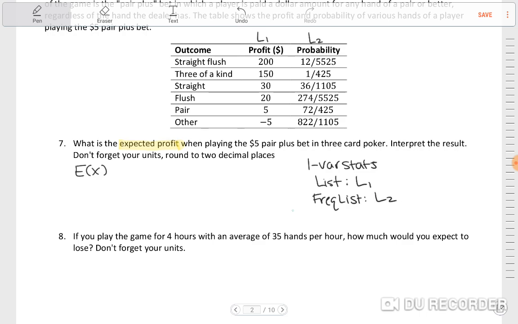Okay, then you will look at X bar, but you're going to write this with E of X, or you can say mu, but it's not going to be X bar. It's one of those 2. And when we plug this in, we're going to get negative 0.12.